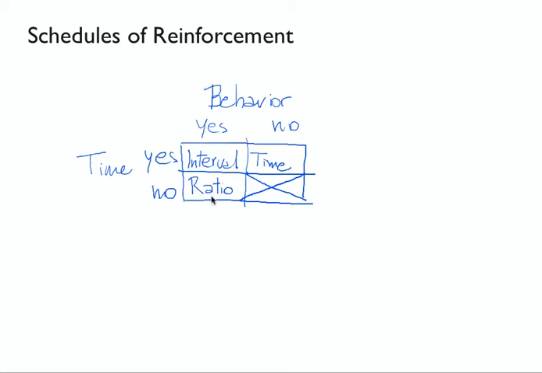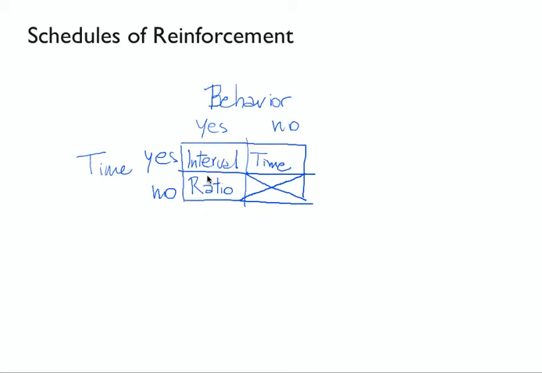It doesn't depend on anything else. It depends on how fast you ride your bike. So you need to complete certain behaviors. The faster you complete them, the quicker reinforcement occurs. All right. So that's the rule of thumb for thinking about ratio schedules. The more you do, the more you get.